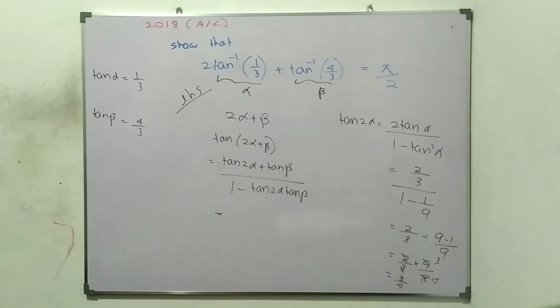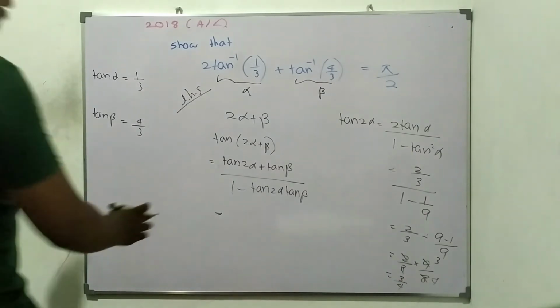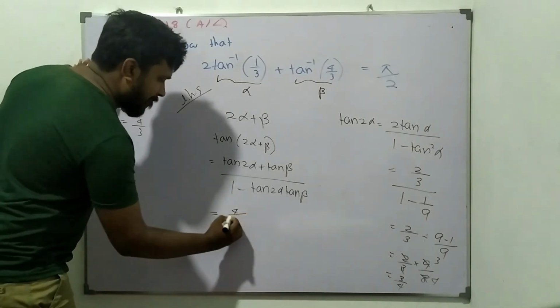So separately you have to find tan 2 alpha and substitute the values.